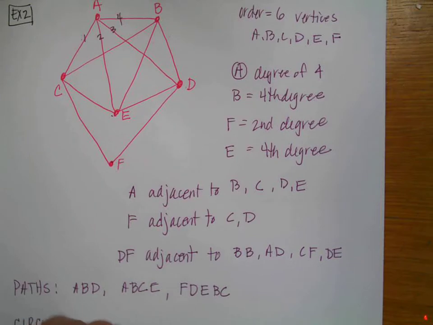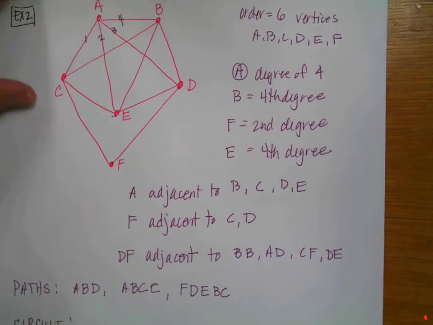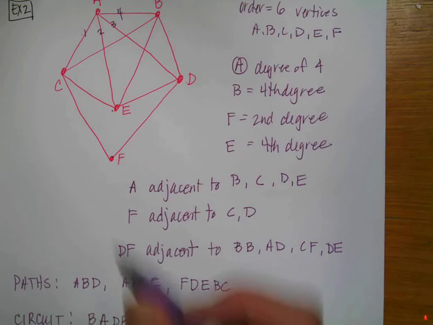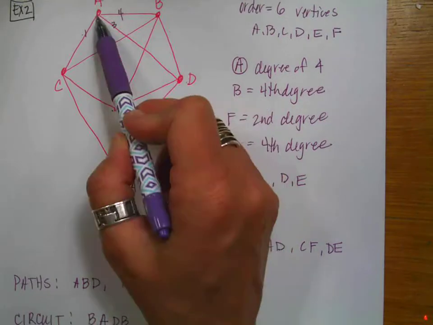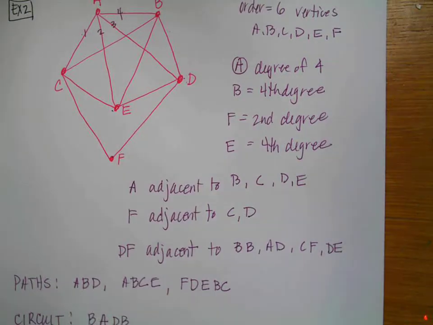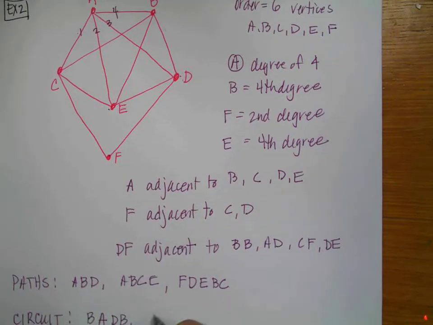A circuit, remember, is where I start and end at the same place. You've got the diagram on your paper, so maybe you can see it. Maybe a circuit would be B, A, D, B. Remember, a circuit is going to start and end at the same place.